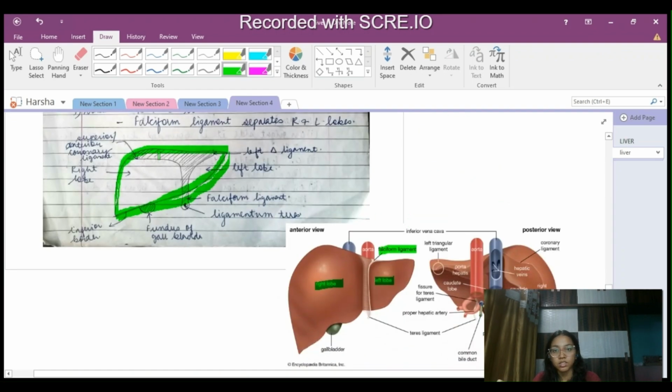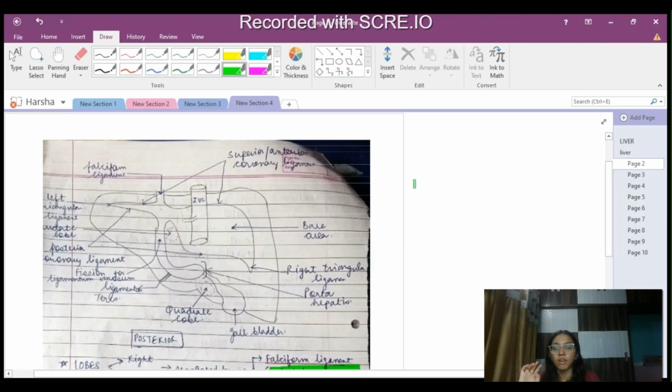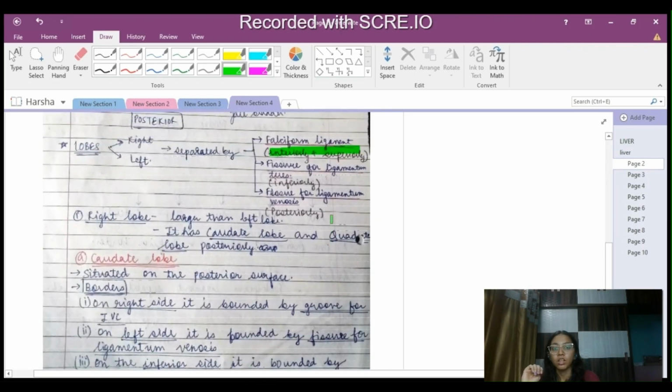This is the superior surface and this is the anterior surface. So superiorly and anteriorly, the lobes are divided by the falciform ligament. Now inferiorly, the liver is divided by the fissure for ligamentum teres.